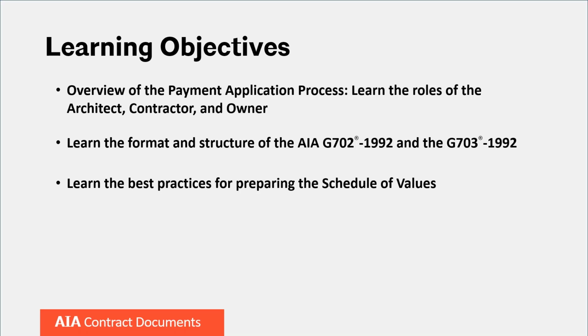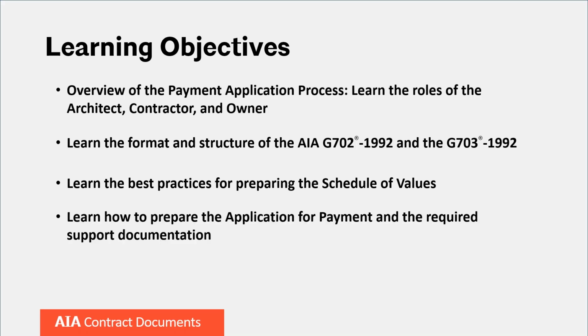And then we'll talk about best practices for preparing the schedule of values and considerations for the parties when that document is prepared at different stages. And we will also look at the application for payment and consider how that document requires input from the different parties as well.